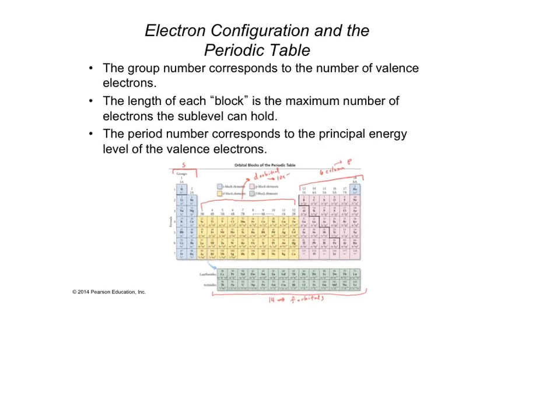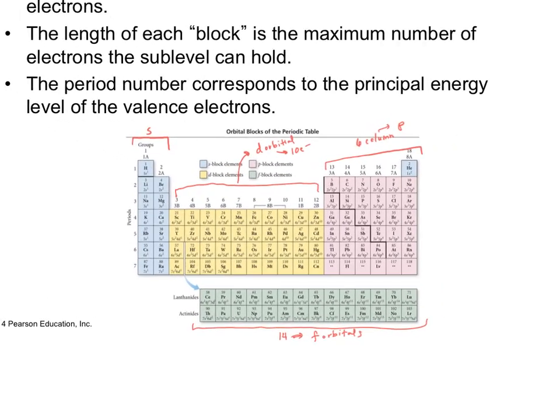Okay, so notice also, with respect to the column, what we're going to need to know later on is that the column number is going to tell us the number of valence electrons in whatever atom we're interested in. So we've already talked about valence electrons. That directly correlates to which column you're in.